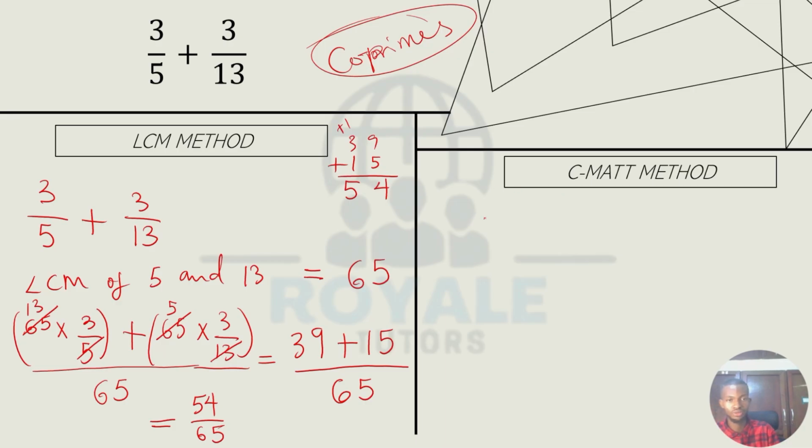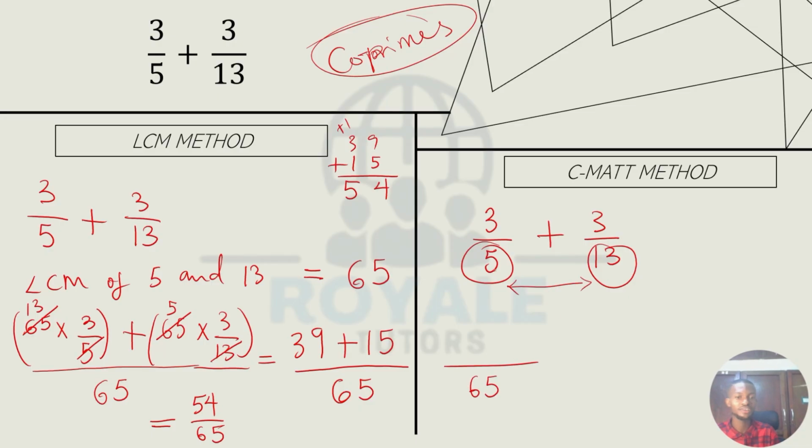Then use your CMAT method. So we have 3 over 5 plus 3 over 13. Remember our CMAT method, denominator to meet denominator to give 65, that is 5 times 13 to give 65. Then you do your cross meet at the top. 13 times 3 is 39, plus these 5 crosses to meet at the top. 5 times 3 is 15.